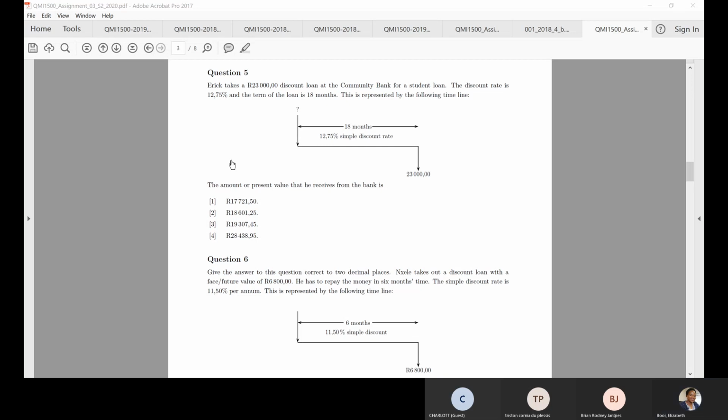Maybe any other financial math question that you want to look at? Okay, those are the only exam papers I have, 2018, 2019. I don't have any more question papers.